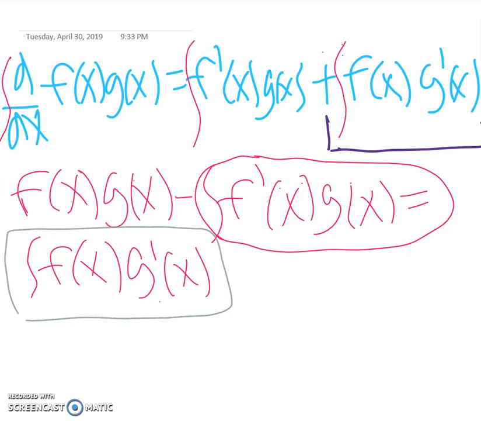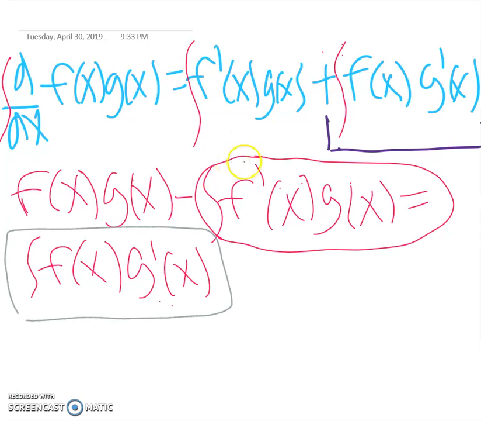We can't really easily integrate this integral when we see it, but we can easily, hopefully, integrate this integral, whether by a simple standard integral, or by another method like u substitution or trig substitution.